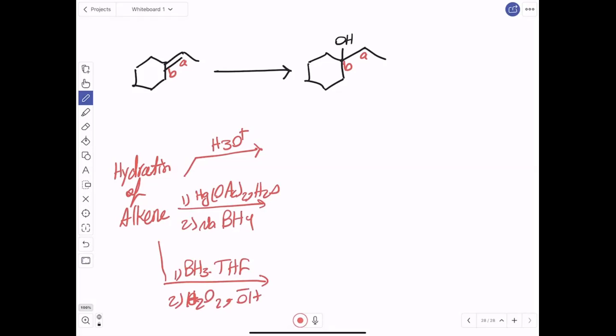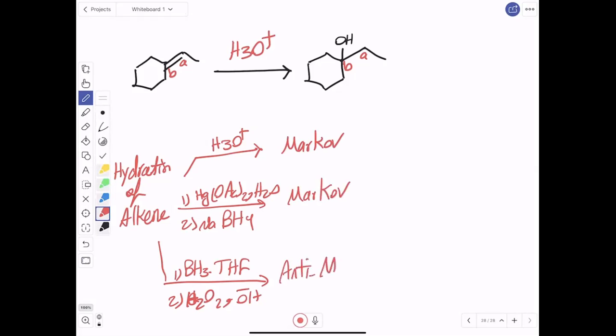Now, which one do you think you should use for this transformation? H3O, yeah, we can use acid and water. Can we use oxymercuration, demercuration? You know that H2O and acid is Markovnikov. This one is also Markovnikov. This one is anti-Markovnikov.